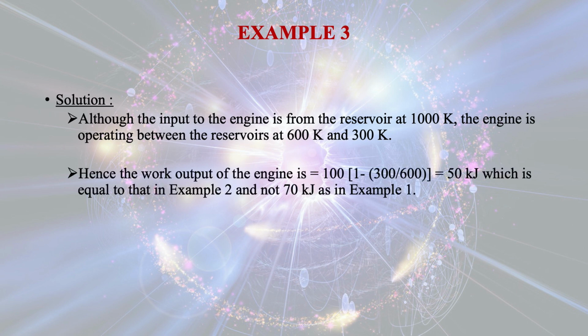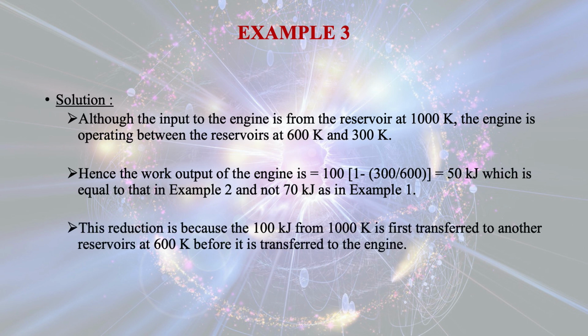Hence, the work output of the engine is equal to 100 into the efficiency of the engine, that is equal to 50 kilojoule in example 2, and not 70 kilojoule as in example 1. This reduction is because the 100 kilojoule from 1000 Kelvin is first transferred to another reservoir at 600 Kelvin before it is transferred to the engine.